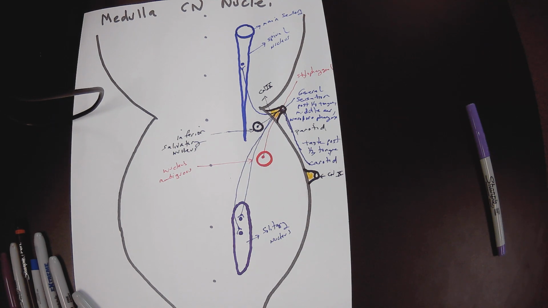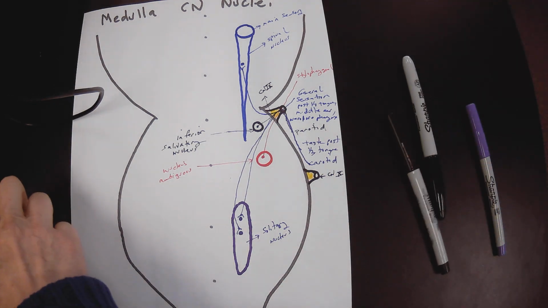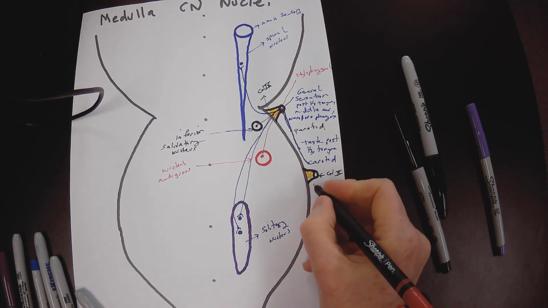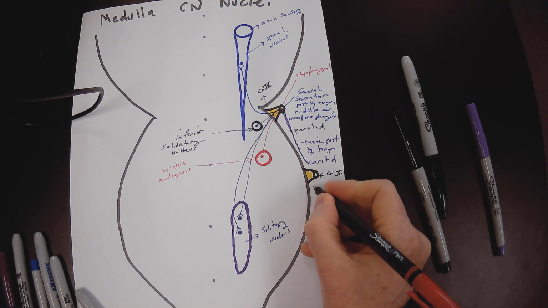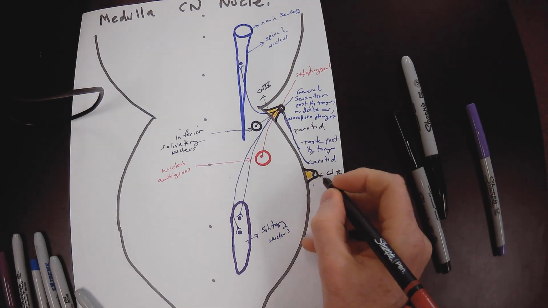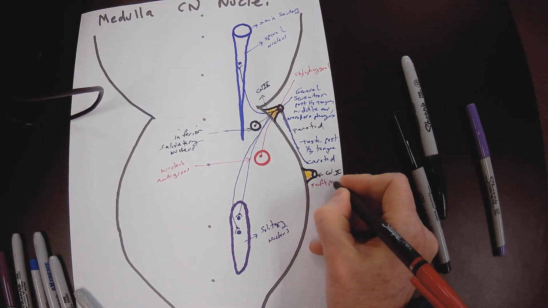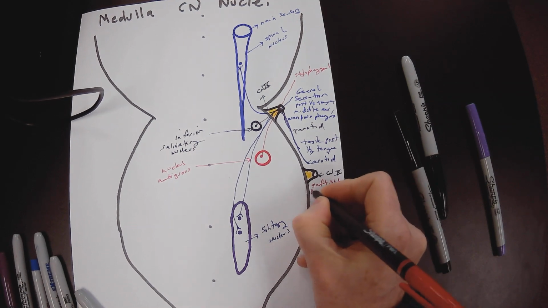See where I am? Now, thinking about all the things that cranial nerve number 10 does, if we think about motor function first, what's the motor function for cranial nerve number 10? Does anybody remember? What muscles does it innervate? Hello? Anybody out there? Yeah, great. That's going to be muscles of the soft palate, pharynx, and larynx.